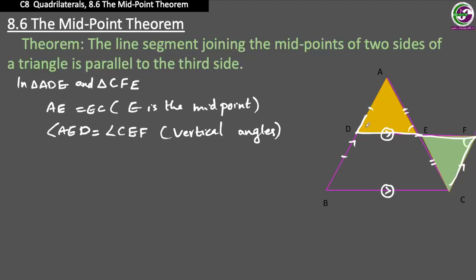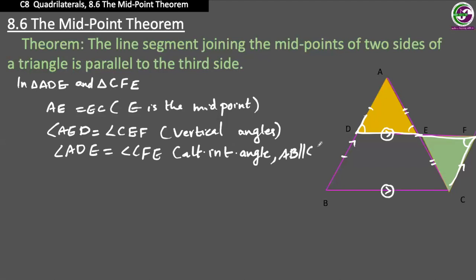So the angle at F is equal to the angle at D. So angle ADE is equal to angle CFE. Alternate interior angles between the lines AB parallel to CF.